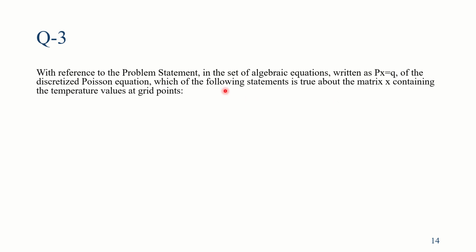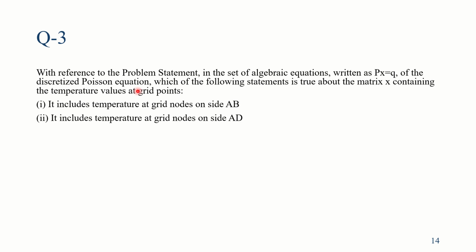That's why we are saying, which of the following statements is true about the matrix X containing the temperature values at grid points. So we need to again identify which of the following statements is true. First one, it includes temperature at grid nodes on side AB. Second one, it includes temperature at grid nodes on side AD. And third, it includes temperature at grid nodes on side FG.